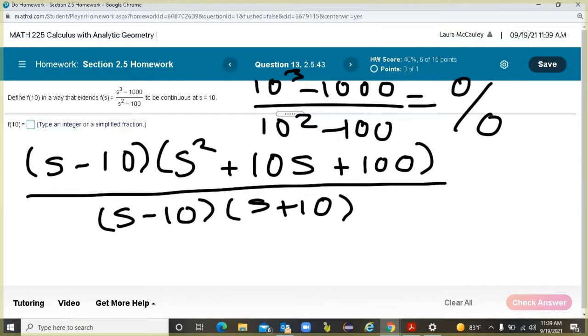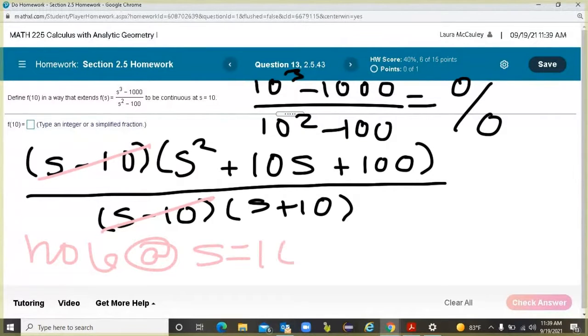So notice that the x minus 10s actually divide out, which means there is a hole at x equals 10. So again, I don't know exactly what this thing looks like, but when it gets to 10, there's a hole.